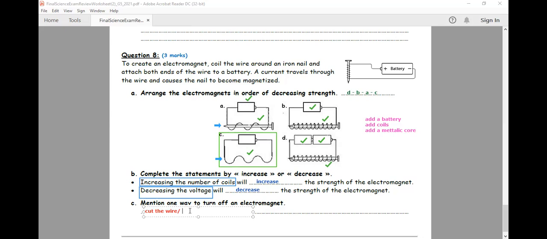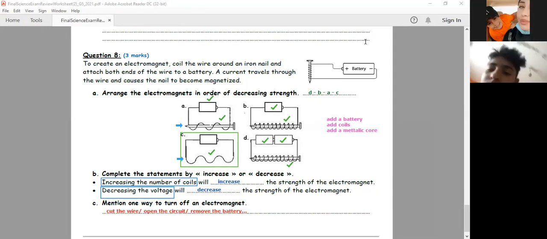We can open the circuit, remove the battery, etc. Okay, so when you open the circuit, when there is no electrical current flowing, the electromagnet is off.